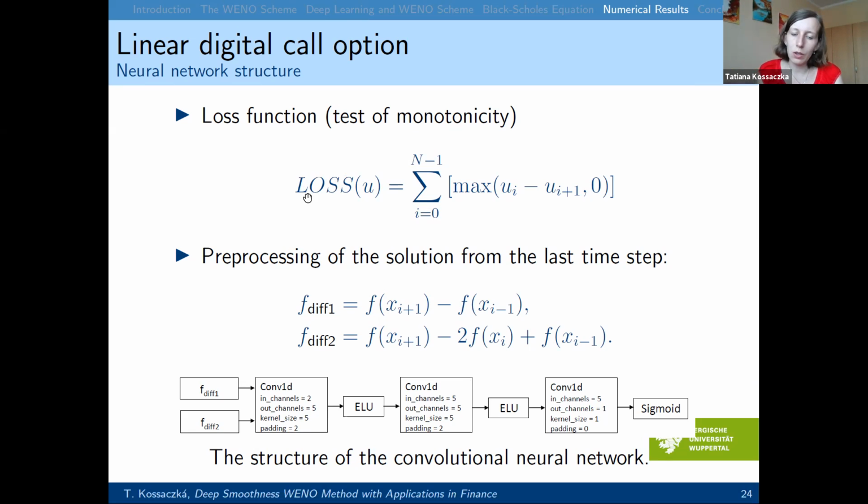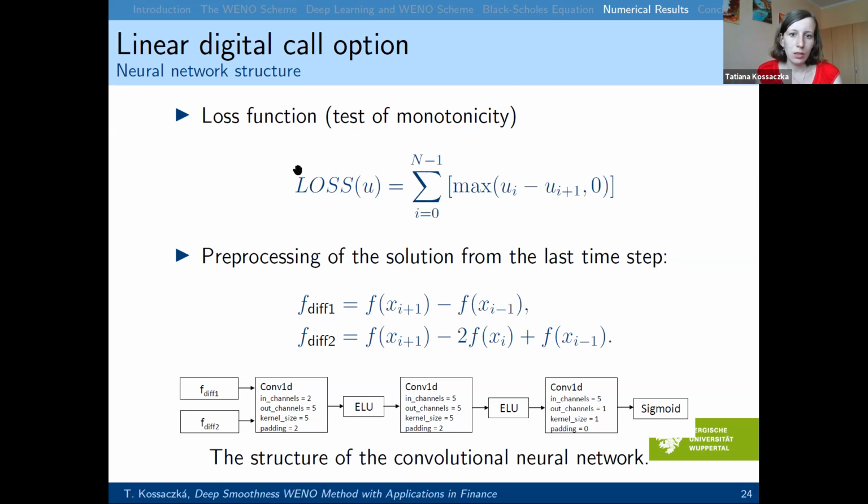So we define our loss function as what I called the test of monotonicity, because this is some number if the oscillation is present. If there is no oscillation, it's just 0, and we sum all of these values.